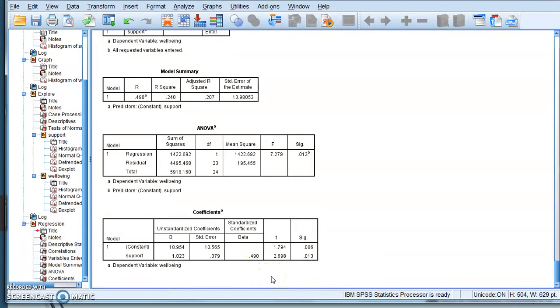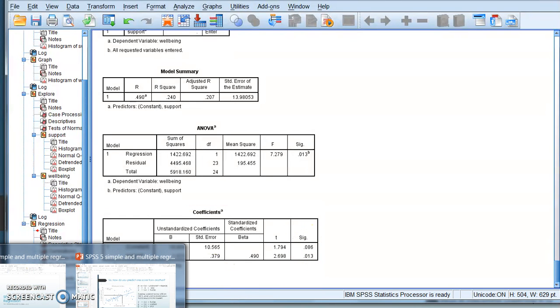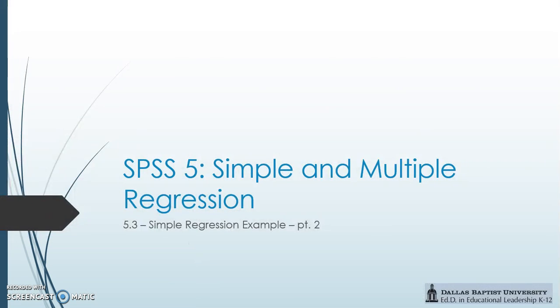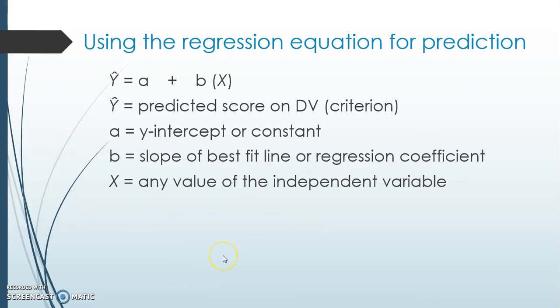Now, if we're going to put together a regression equation, we'll need two things. We'll need this constant, which is our a, or the y-intercept, and we'll need the b, which is our unstandardized coefficient. So we'll multiply that by x. So let's go back to the PowerPoint presentation and take a look at how we can use a regression equation to make a prediction.